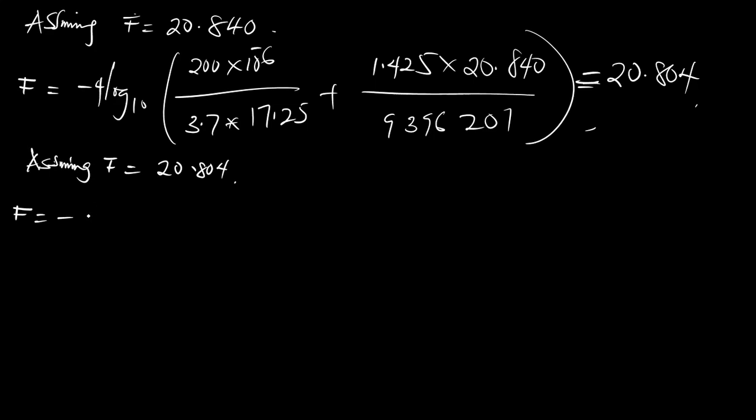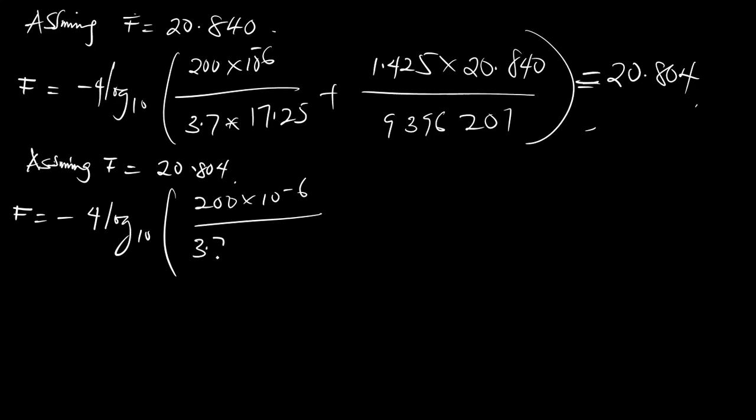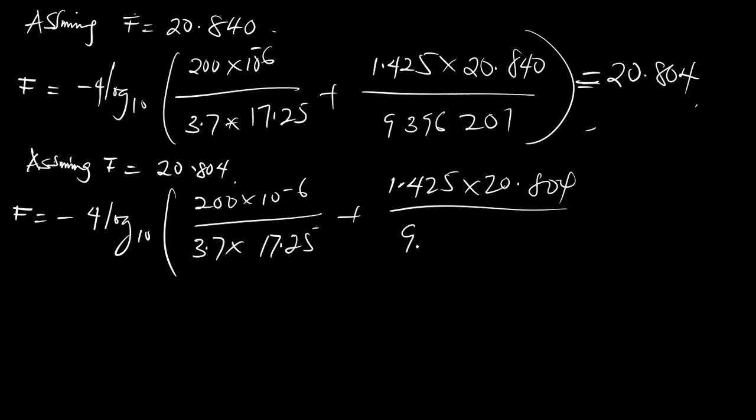Our f will now be minus 4 log to base 10 brackets open 200 times 10 raised to power minus 6 divided by 3.7 times 17.25 plus 1.425 times 20.804 divided by 9,396,21. So this should be equal to what?